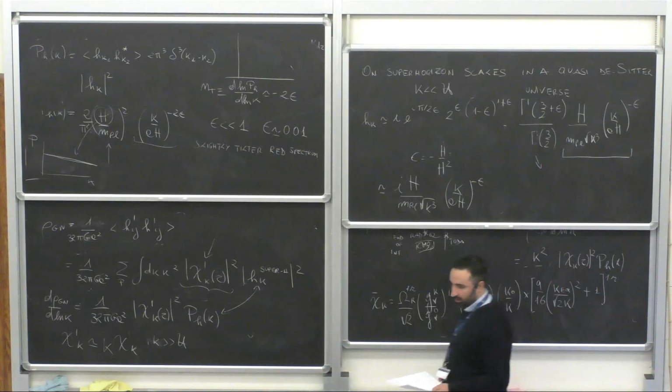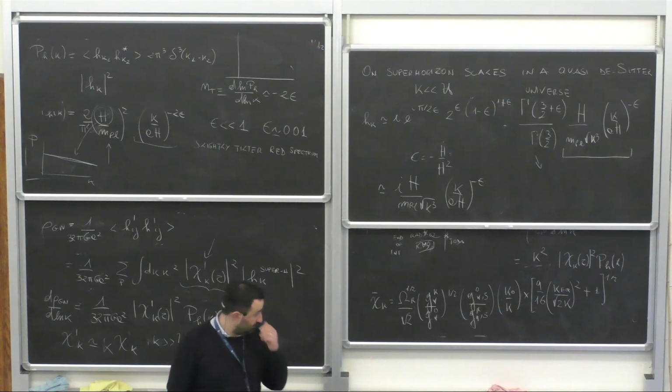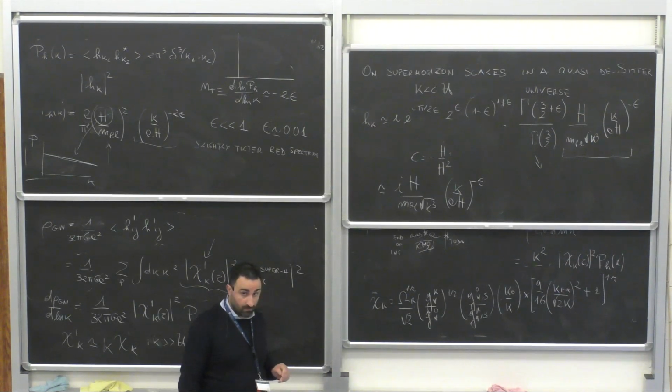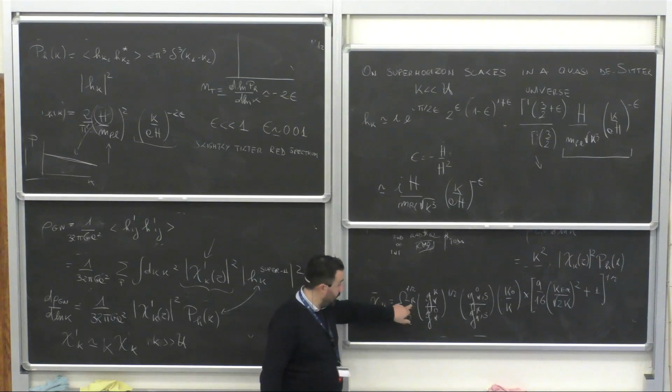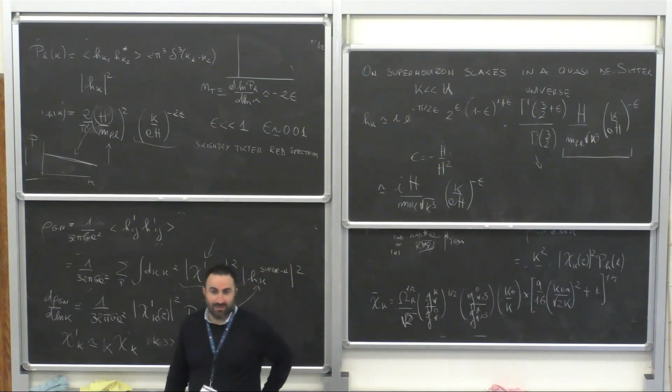Okay, if you want the full transfer function, is this one. Here, below, square root of 2. Whenever you don't know something, there's always a square root of 2.